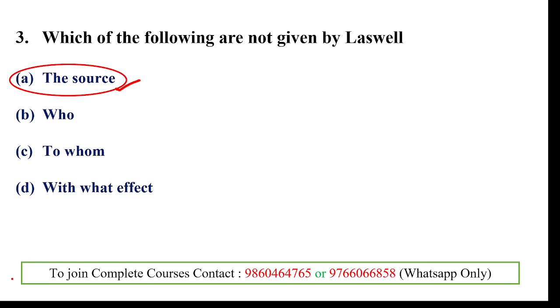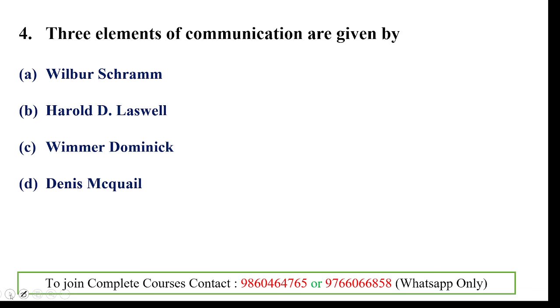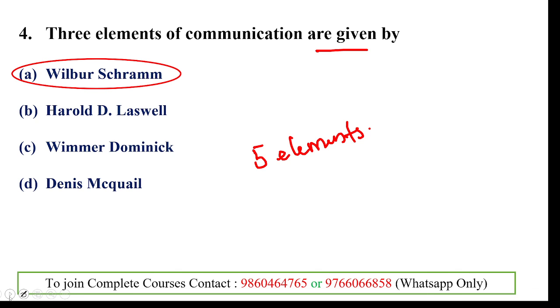Clear? Then three elements of communication are given by. Okay, you can see in many models there are five elements. Mostly there are five elements. But the three elements of communication were given by Wilbur Schramm. Okay, Wilbur Schramm.